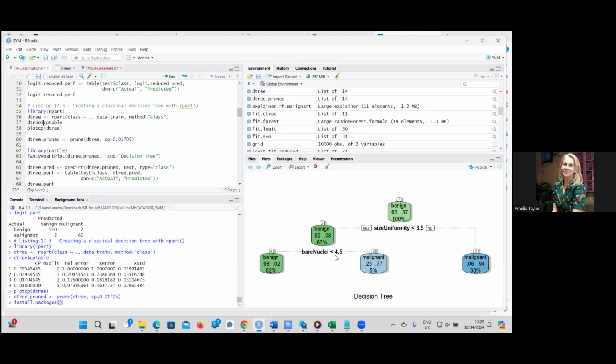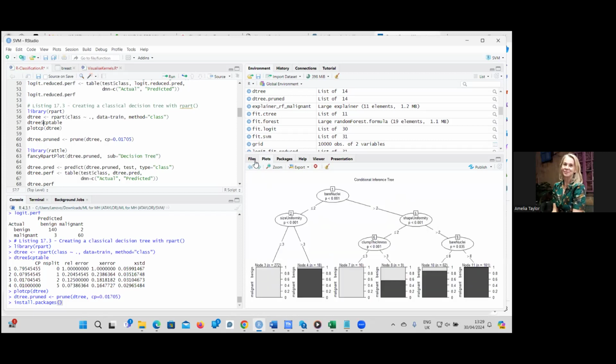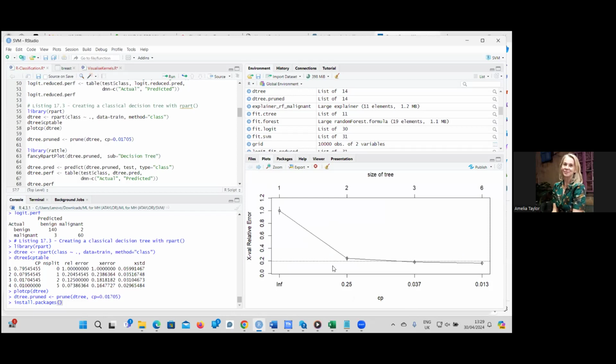So there is a level beyond which the trade-off between the complexity of the tree and the predictive power of the tree is weaker. So this is where you cut the tree. And you do that by analyzing the errors. And you are looking, so you see this dashed line is already done for you. So this dashed line means that you should really look at the complexity that's about that level or below.